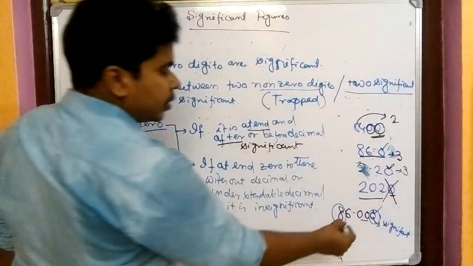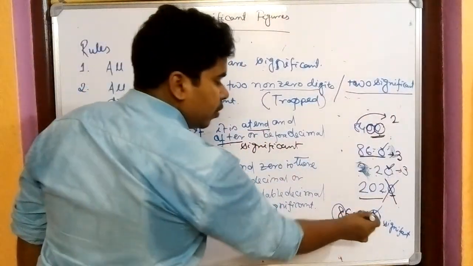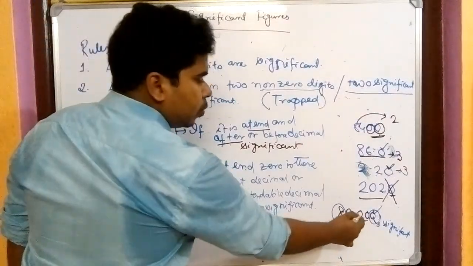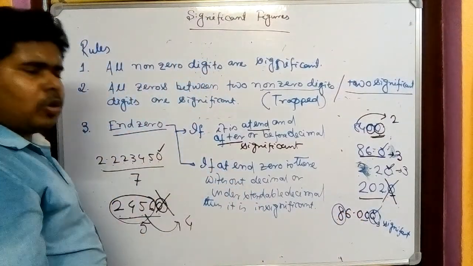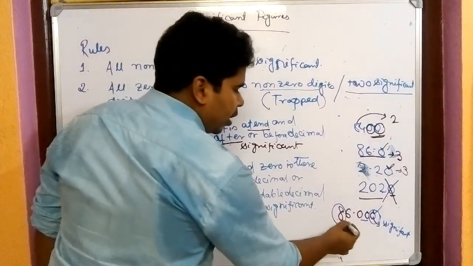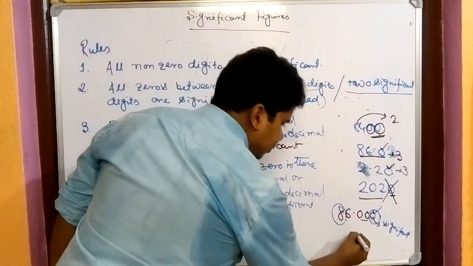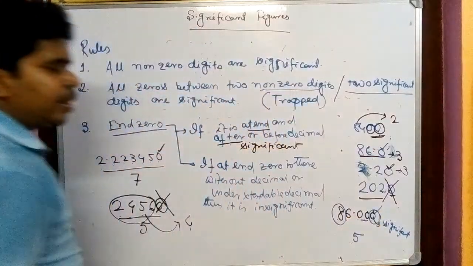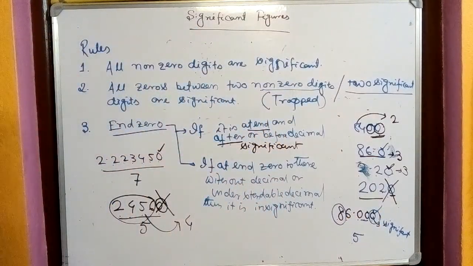Two significant digits here: 8 is significant, 0 is also significant. So these two zeros are trapped, and we know trapped zeros are significant. So 1, 2, 3, 4, 5: 5 significant figures. If you see step by step, it is very easy.